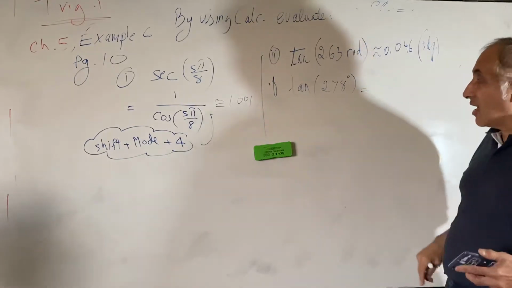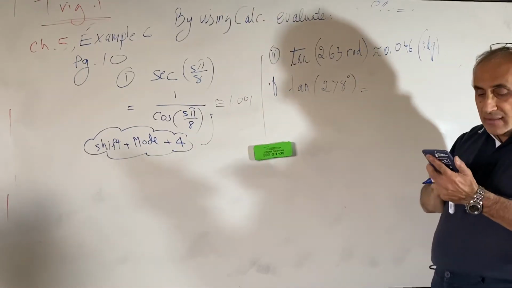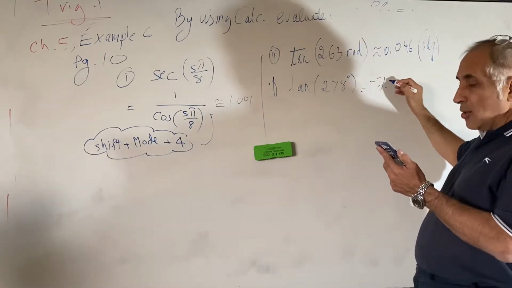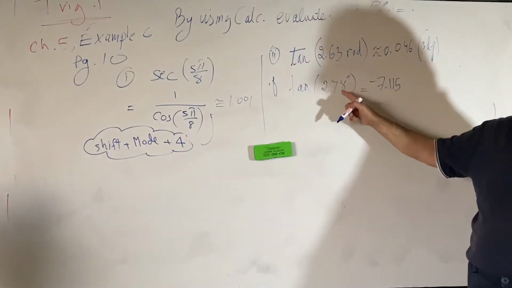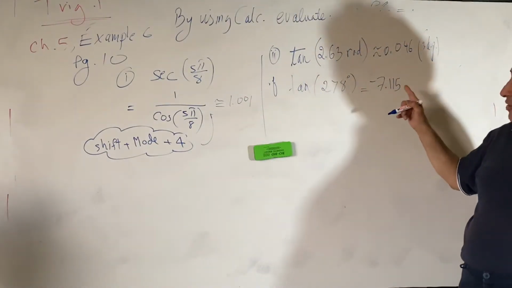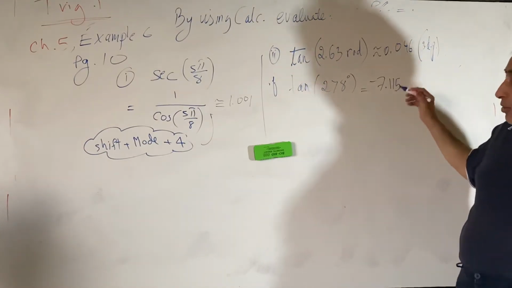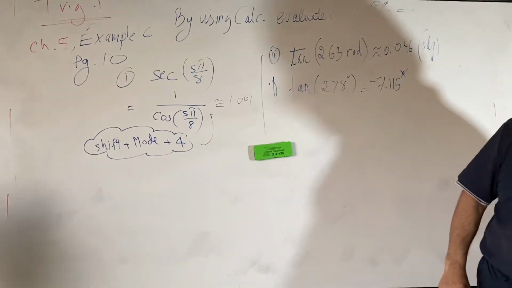Now use your calculator and relax. Tangent of 278, close the bracket, and the answer is negative 7.115. This answer should be a ratio, a decimal, a fraction, or a whole number, but not a degree. Don't put degrees here. All right, let's continue with these questions.